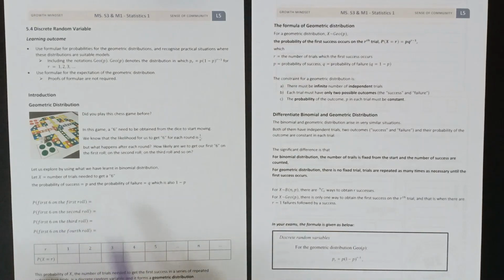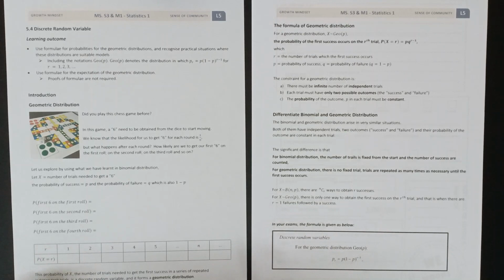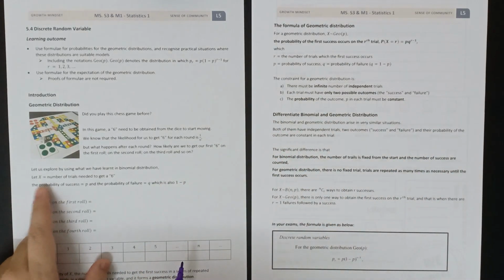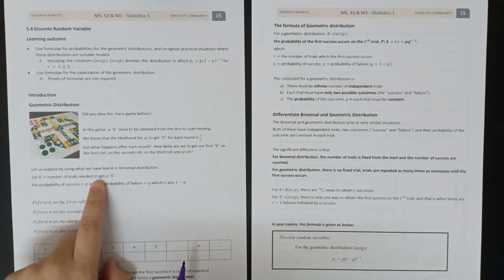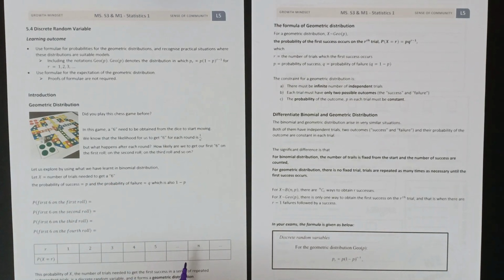Now, to play this chess, I need a 6 so that I can go out from my house and start moving on the board. So let X be the number of trials needed to get a 6. The success for us is getting a 6, and the failure is not getting a 6.